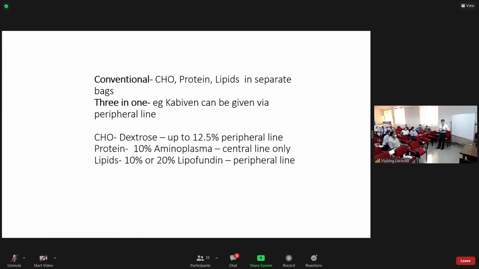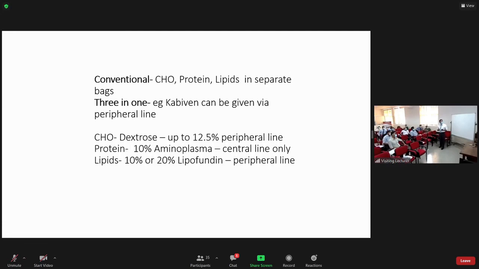With Kabiven, if you open a pack and the patient is, suppose, a child, the calorie requirement may be 800, but 1 Kabiven pack contains 1000. You can't keep it open for more than 24 hours. The balance you have to discard. So that is a disadvantage. If an adult patient needs 1500 kilocalories, you have to open 2 packs, but 500 kilocalories you have to discard.